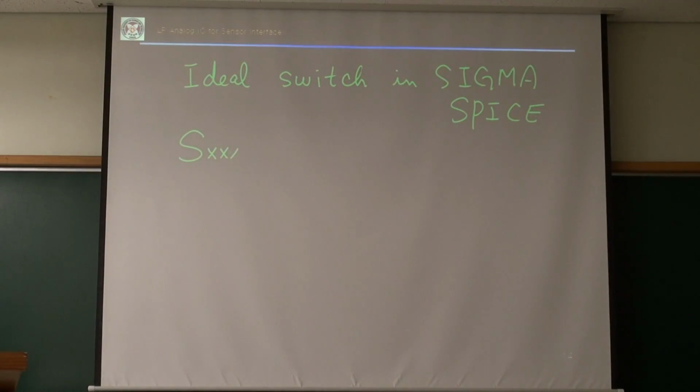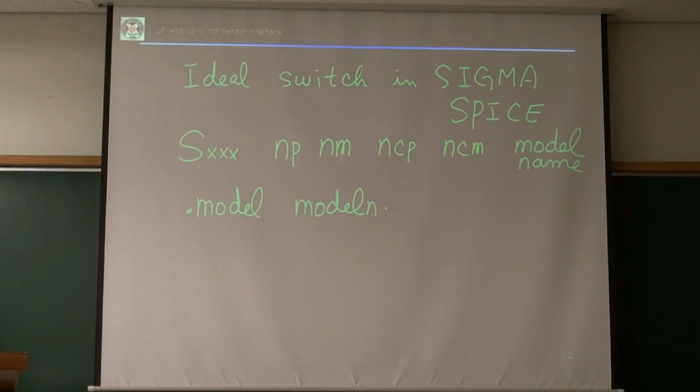S something, M plus, M minus, NC control plus, NC control minus, model. This model name is from the dot model. This model name is SW. And then I have some threshold voltage, an on resistance, and an off resistance.